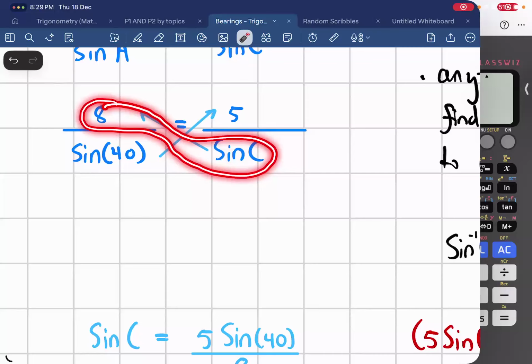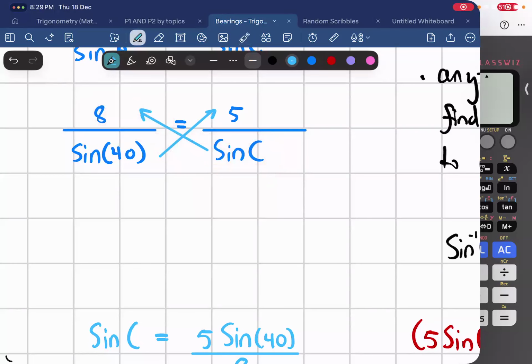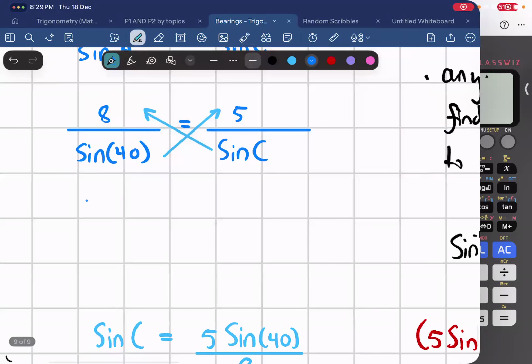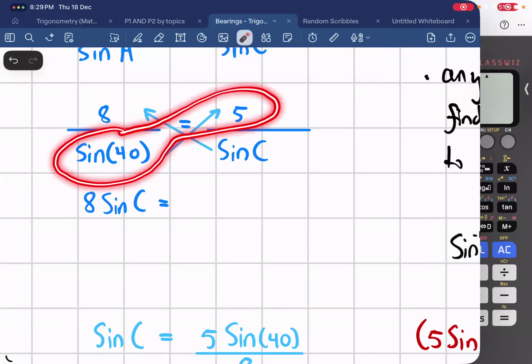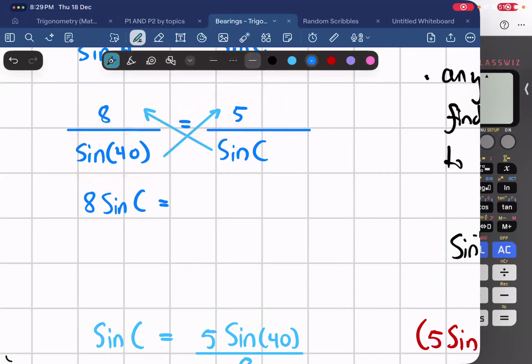That's going to be 8 by sine C, which is just 8 sine C. Then we multiply this diagonal. Perseus, tell me what I should write next. 5 sine 40, open bracket, 40, close bracket.